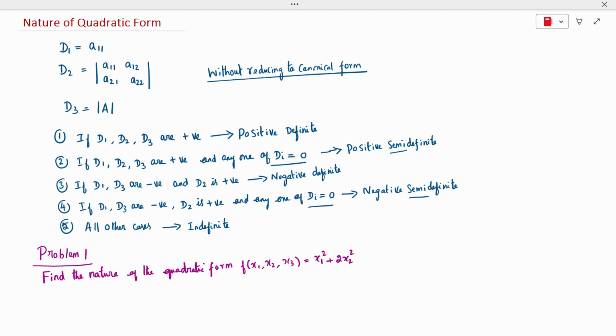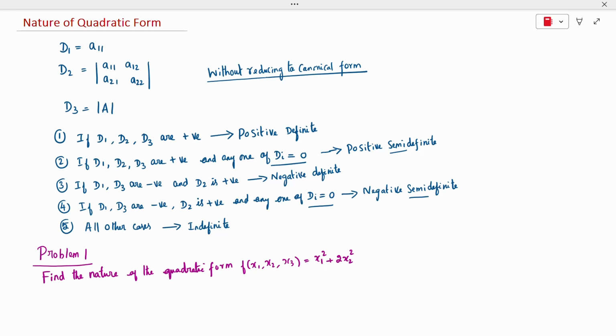Third case is when D1 and D3 are negative and D2 is positive, it's called negative definite. Fourth condition, same D1 and D3 negative, D2 positive, and any one Di may be 0. In that case, you will get negative semi-definite.